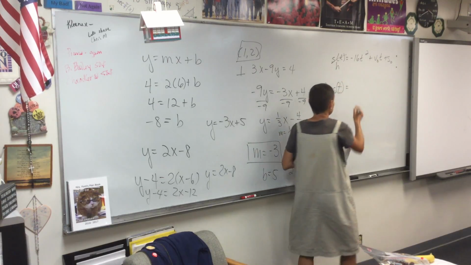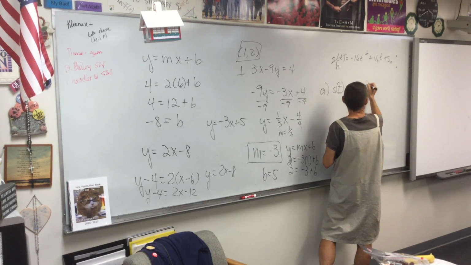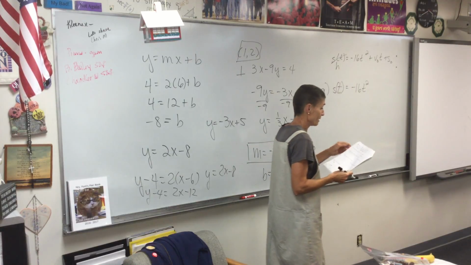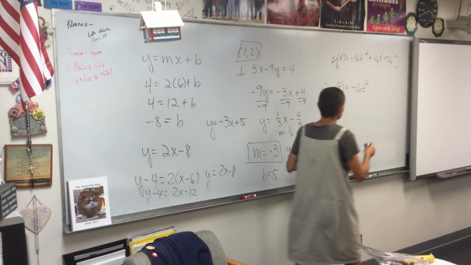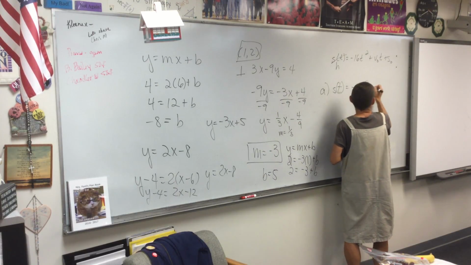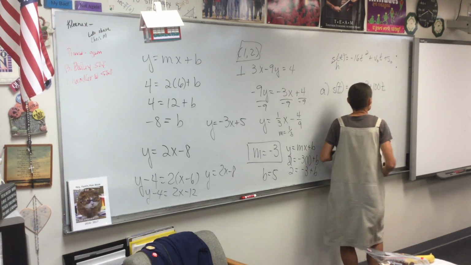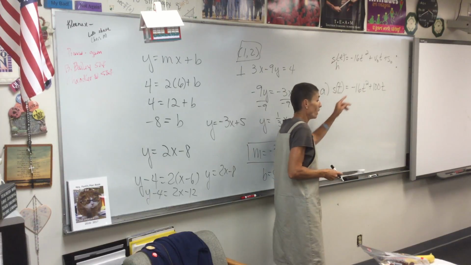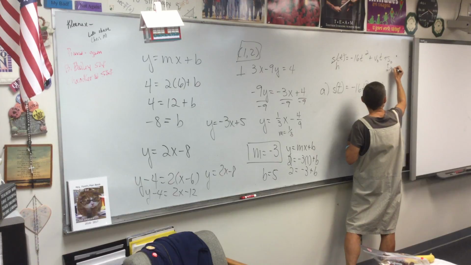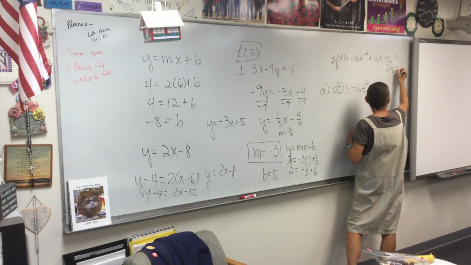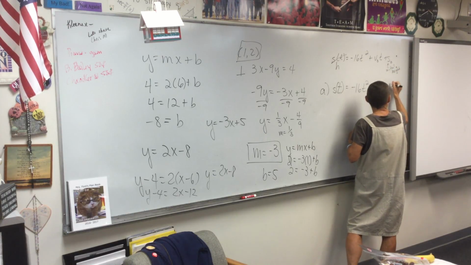But now plug in the numbers from this problem. What does this problem say? What's your initial velocity? 100. So that goes in right here. That's going to be 100 T. What is your initial height? Remember, this number is initial height. 0.